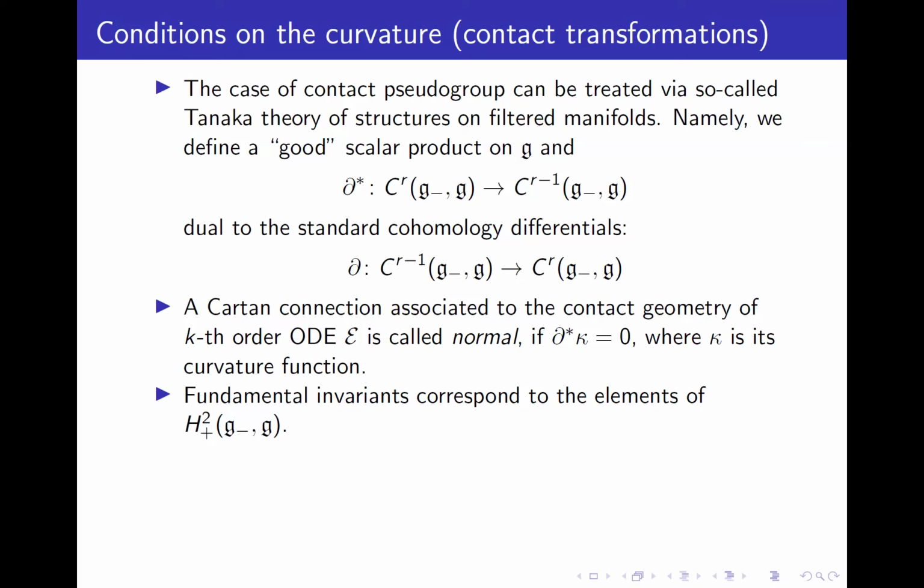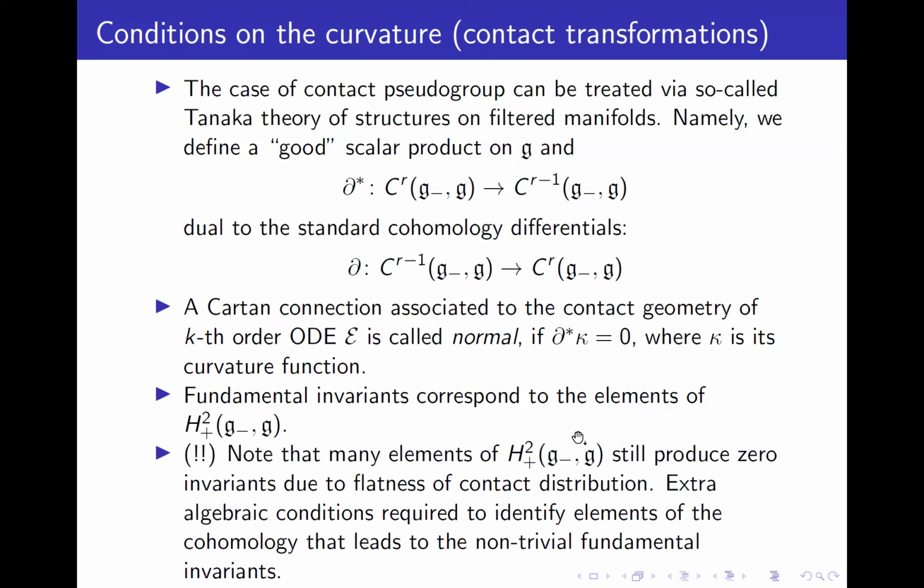So in a way, finding out how many fundamental invariants there are and in which degrees they sit can be reduced to a purely algebraic or linear algebra problem. We just need to compute a certain cohomology for some fixed Lie algebras. And that can be technically done. There are a few tricks here: not all elements lead to non-trivial invariants.